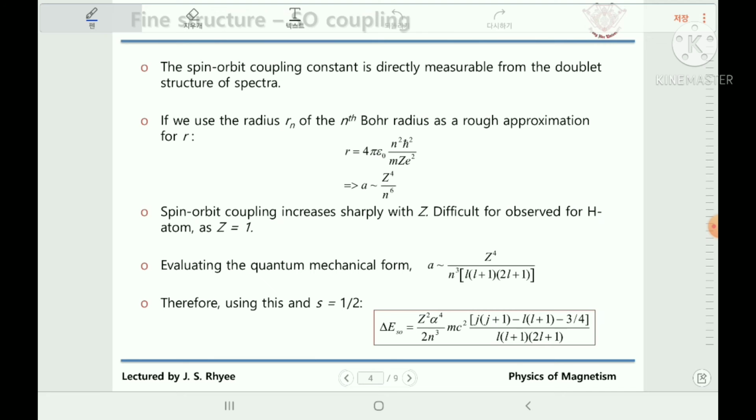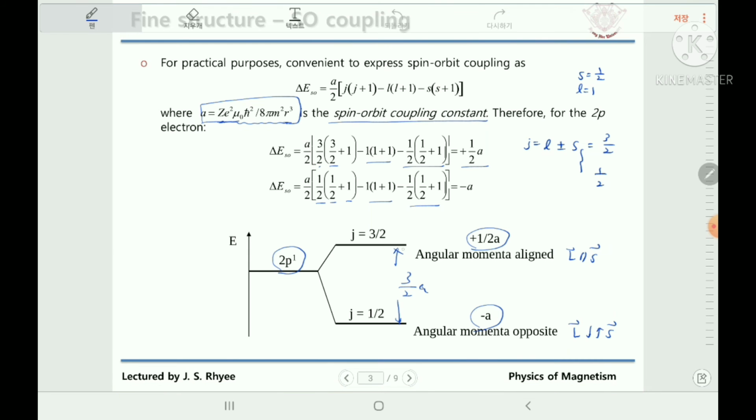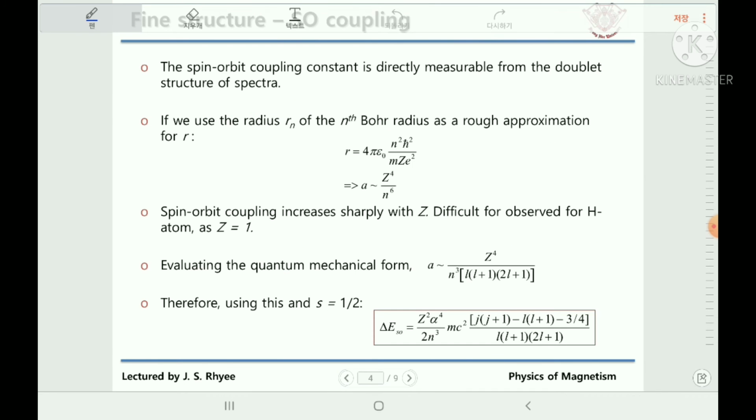Anyway, the spin-orbit coupling constant is directly measurable from the doublet structure of a spectrum, because the energy level spacing and degeneracy can be observed from spectroscopy. From the measurement of the spectra, we can find the doublet structure.